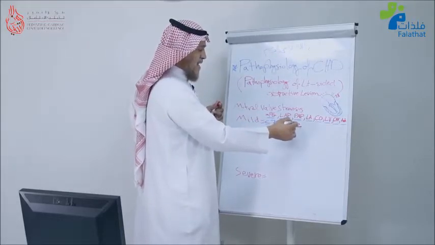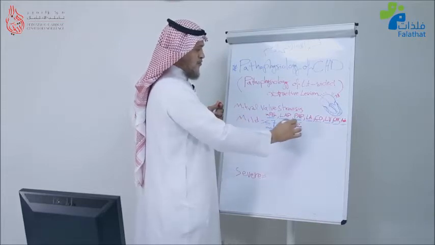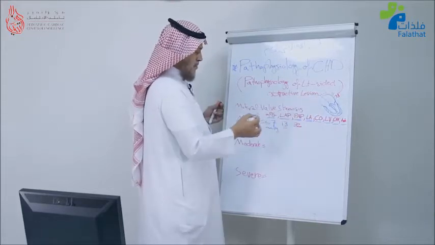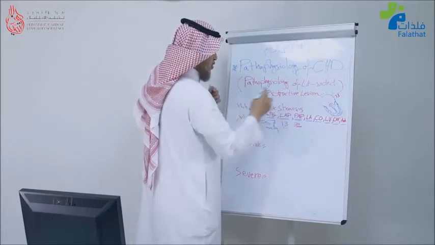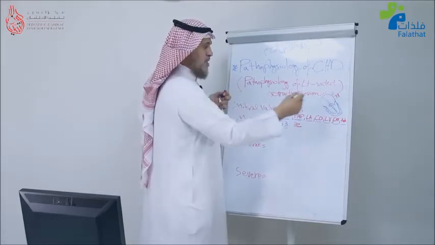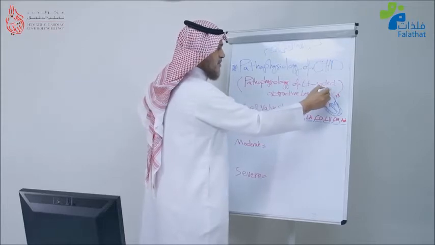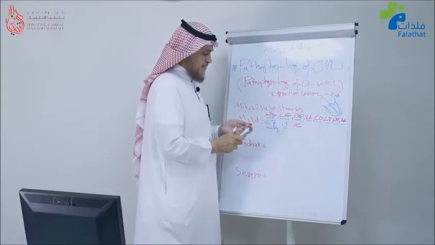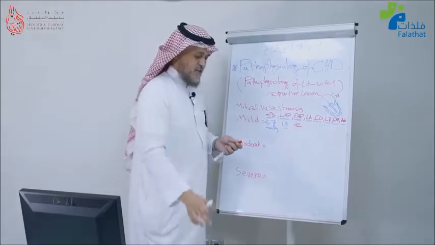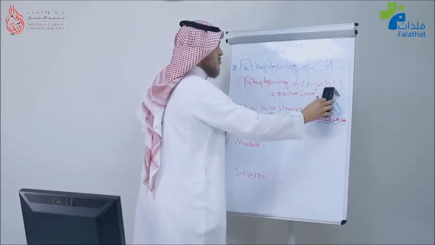This mild elevation of pressure in the left atrium, mild elevation of the mean pressure in the pulmonary arteries here. This is the left pulmonary artery. This mild elevation, I'm going to take away the drawing, you don't need it.